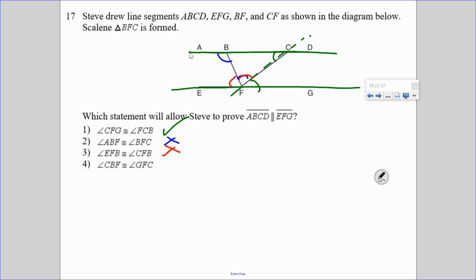And CBF, and GFC, nope. This would be alternate interior with this one, but not that one. To prove lines are parallel, you have to show that either alternate interior, alternate exterior, or corresponding angles are congruent.